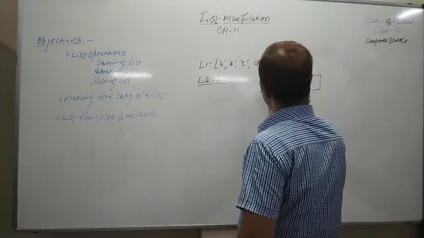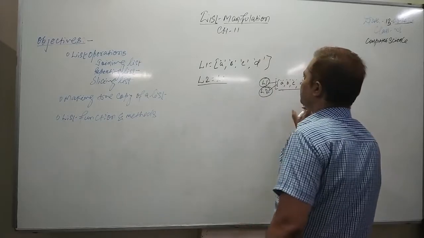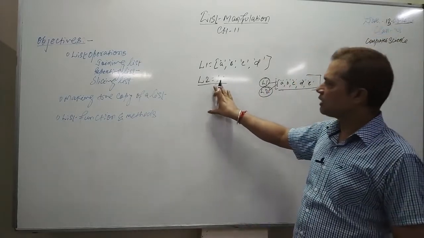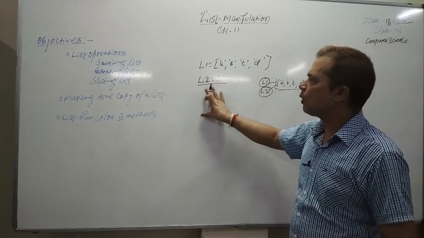It means these are the two labels referring to the same list in the memory of Python. So it's not actually creating the actual copy of the list.